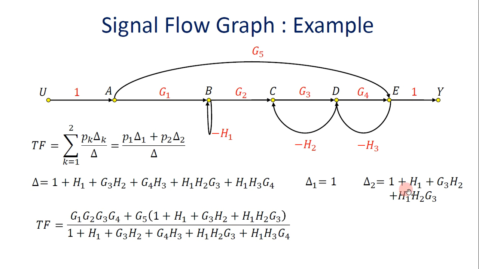So delta 2 is 1 plus H1 plus G3 H2 plus H1 H2 G3. This is how you have to carefully solve a signal flow graph by using Mason's gain formula. Thank you.